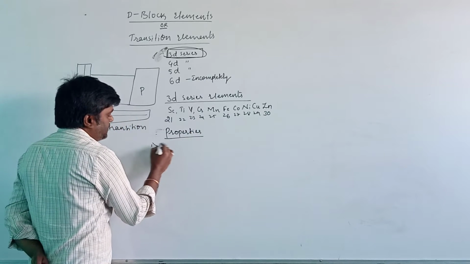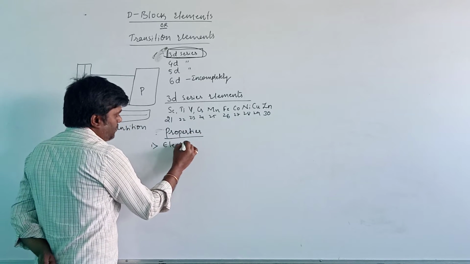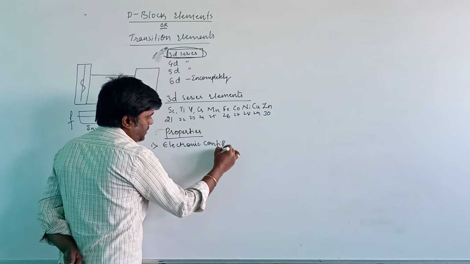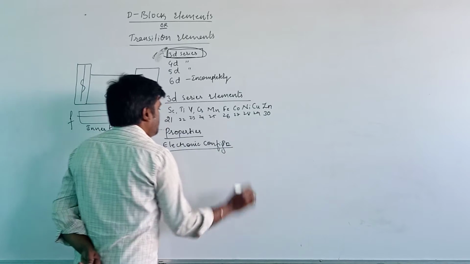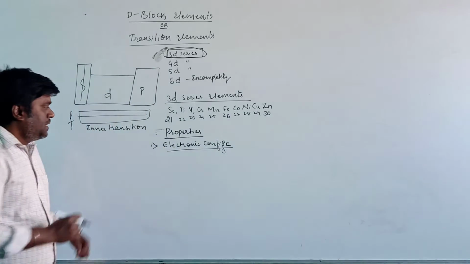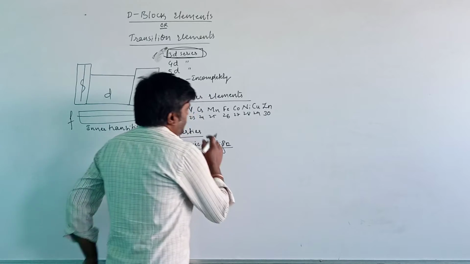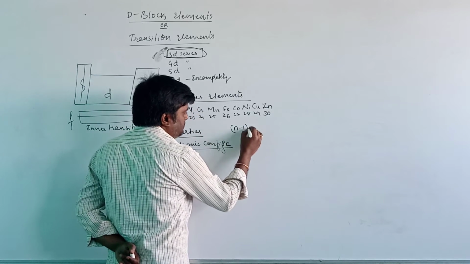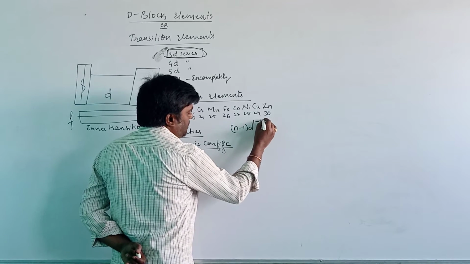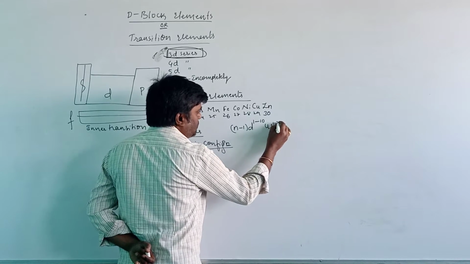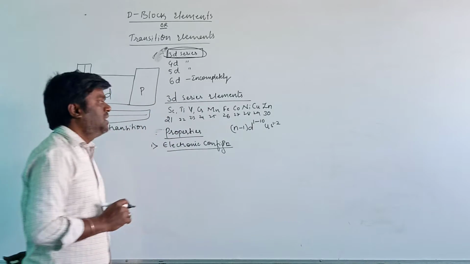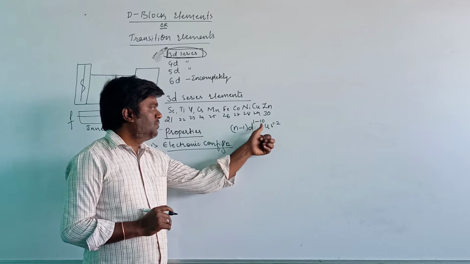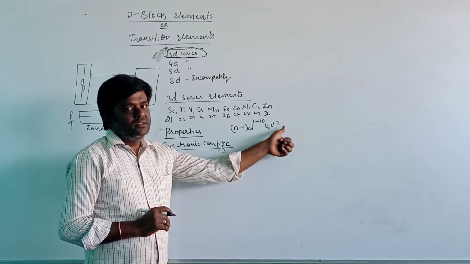The general electronic configuration for the d block element is (n-1)d^1 to 10 ns^1 to 2 electrons. This is the general outermost electronic configuration for the d block element.